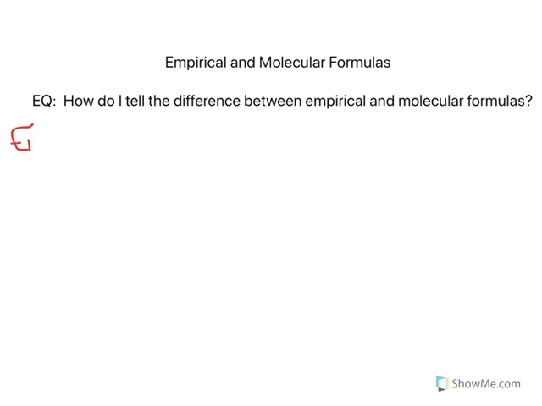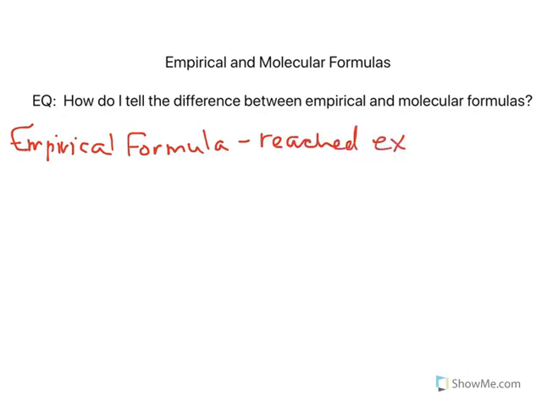The first is an empirical formula. This is something that is reached experimentally.